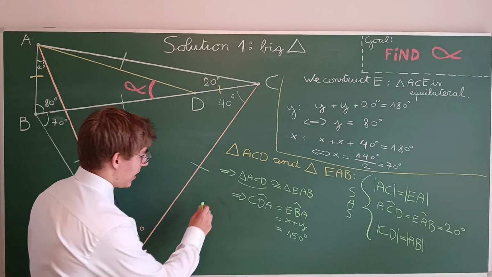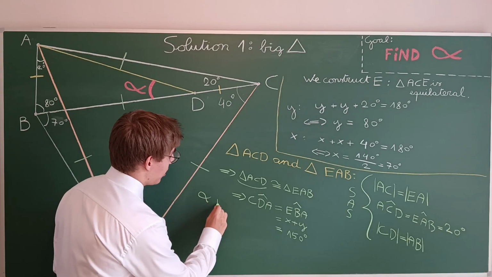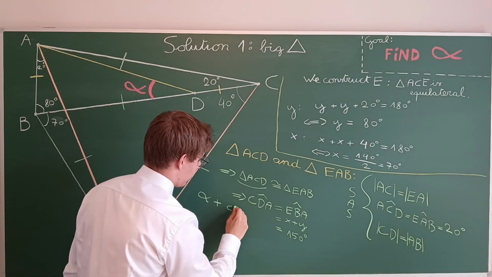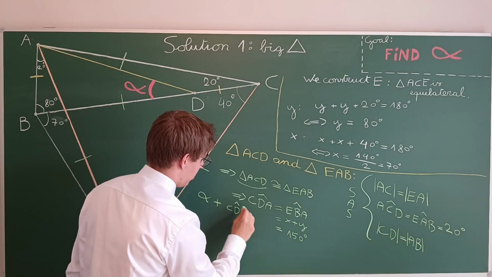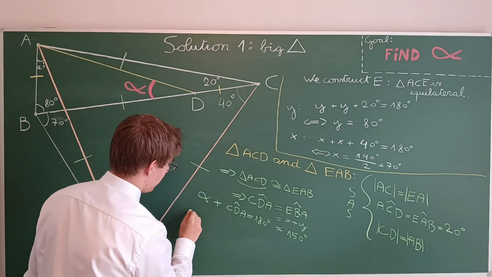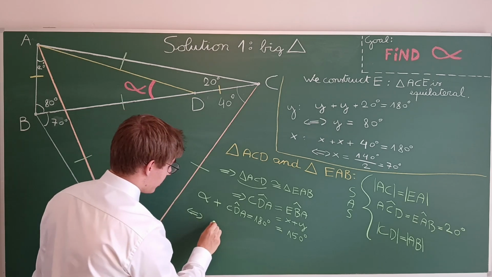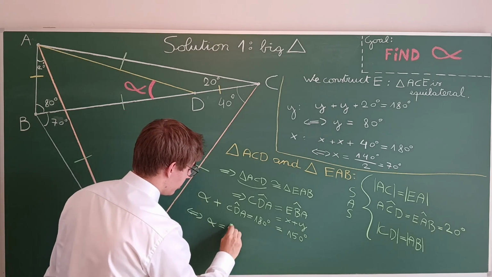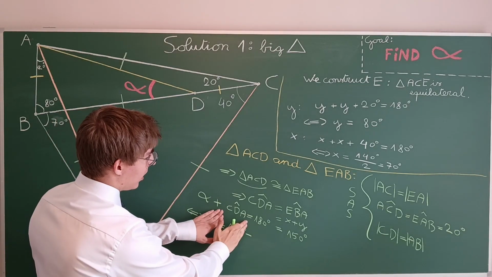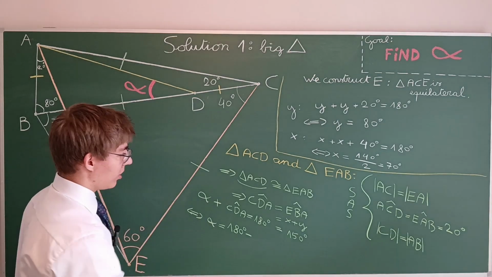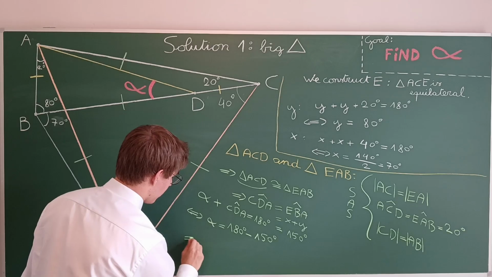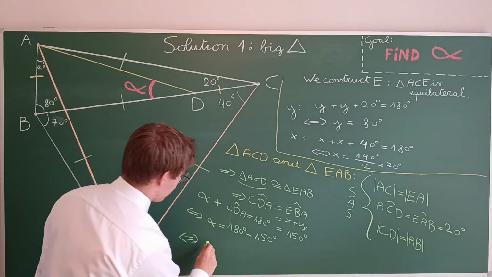Well, now we know that angle alpha plus angle CDA must be equal to 180 degrees, which means alpha is equal to 180 degrees minus this angle that is equal to 150 degrees, which means we have our solution.